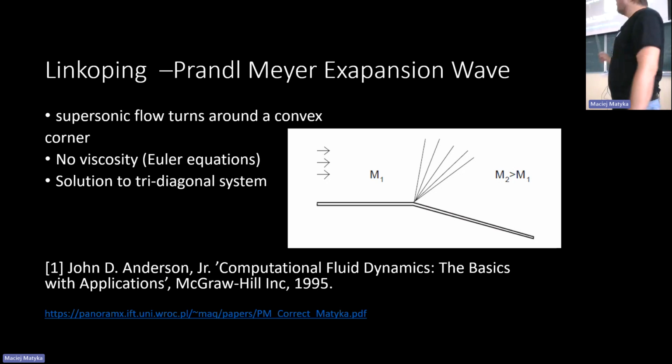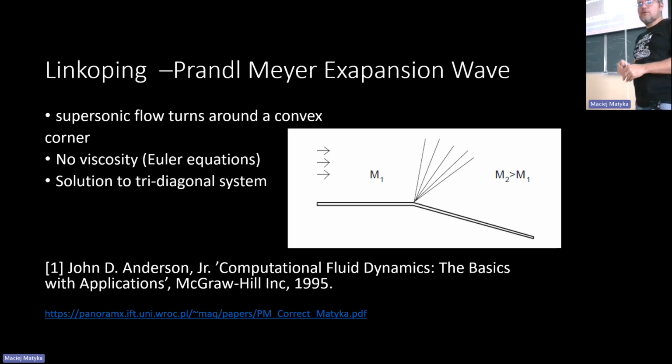You have a problem of a flow over a flat wing or whatever, and this wing is turning with some angle. And now the idea is that this is supersonic flow, so it's a flow which goes beyond the speed of sound and turns around the convex corner.